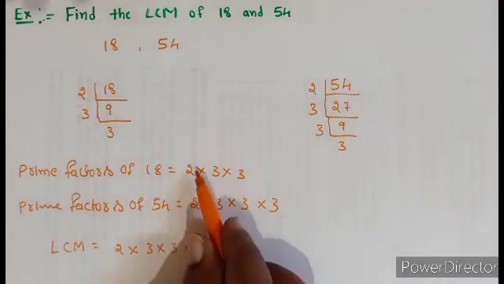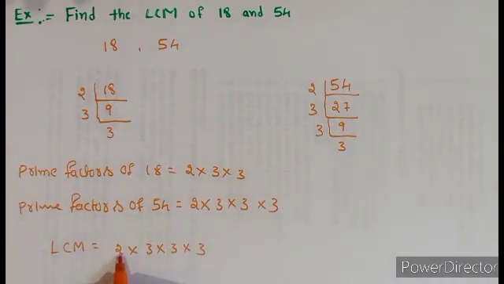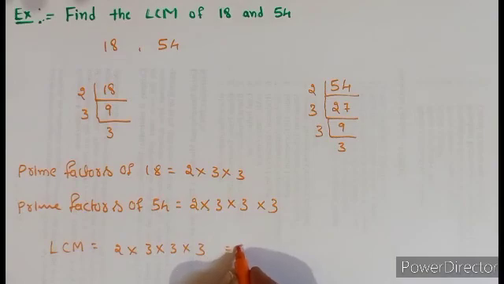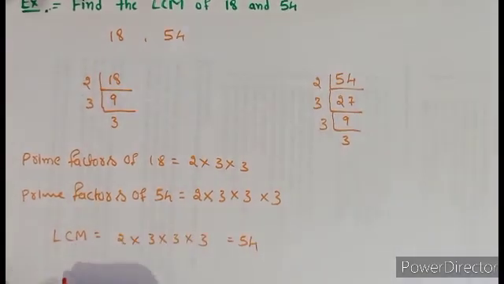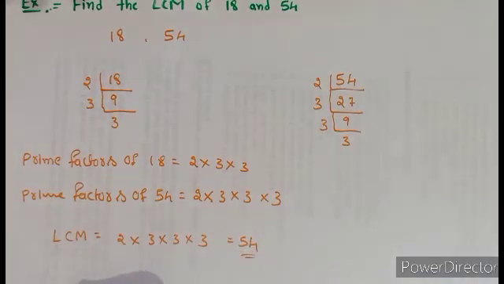So here common factor is 2 only. When we multiply these factors, 2 threes are 6, 6 threes are 18, 18 threes are 54. So LCM is 54. LCM of 18 and 54 is 54.